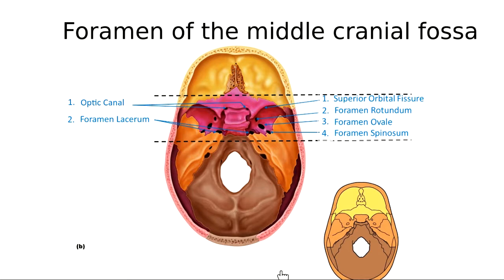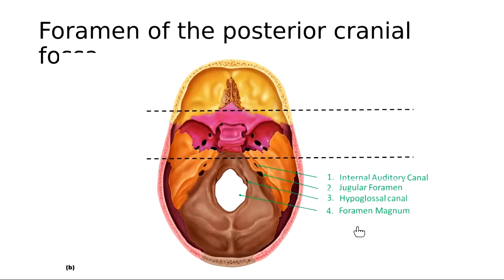Well, the last cranial fossa is the posterior cranial fossa, and there's only 4 in that set. Now this is a bony triangular wedge of bone here, and it has a little hole here. You have some nerves that go through there. It's called the internal auditory canal. You drop down, there's a big hole here. Jugular foramen, that's where your jugular vein goes through.